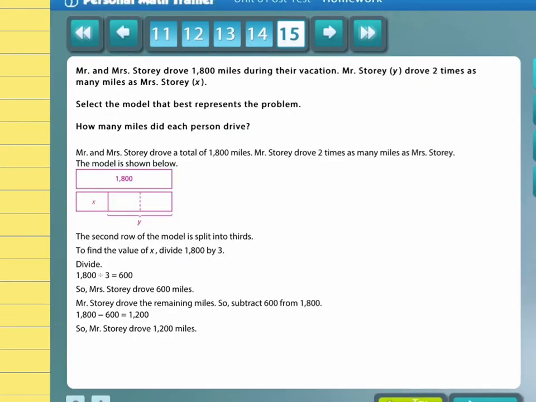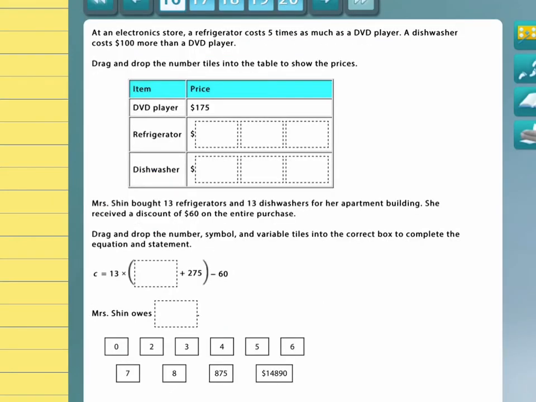And looking at Think Central's example, this is exactly what it shows. Mr. Story is 2 times Mrs. Story, so we have 1,800 divided into 3 parts, and it shows that Mr. Story drove 1,200 miles. This is a pretty complicated problem.